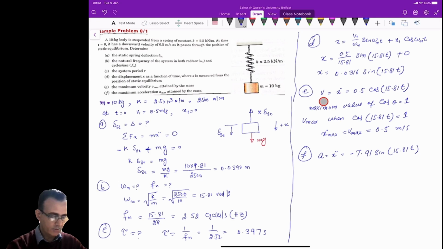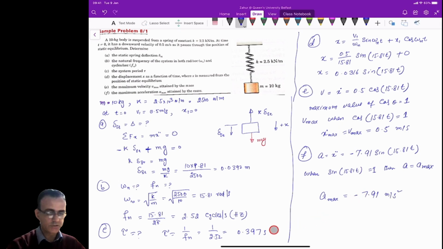Maximum acceleration is when sine 15.81 t is equal to 1, then a is equal to a maximum. So a maximum will be equal to minus 7.91 meter per second squared. This minus is just about the direction. So this is the maximum acceleration.